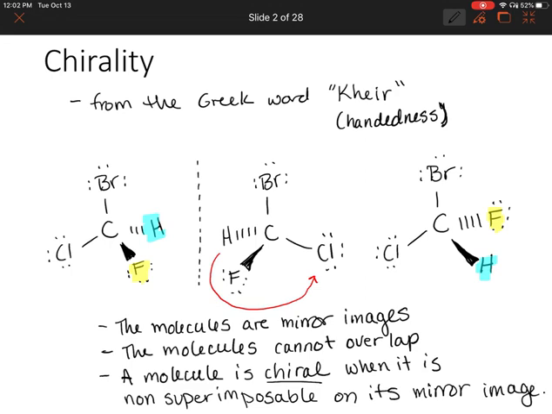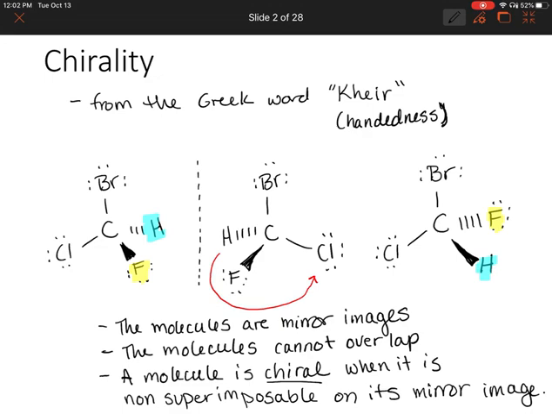Okay, so the two molecules we drew up above are, again, mirror images of each other, but they are non-superimposable. So that means they are chiral molecules. So they're similar to a left hand and a right hand. And there are many molecules that exhibit chirality. For instance, if you're taking biology, you've probably learned about enzymes.